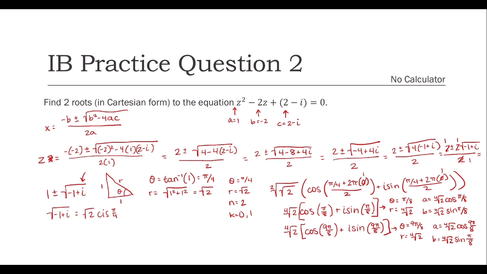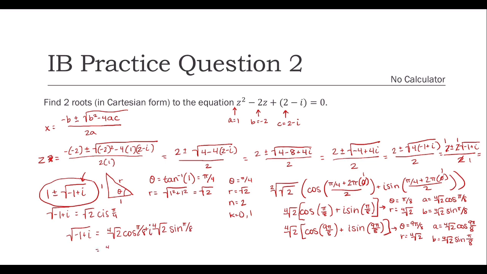So to get our roots, we'll go back to our 1 plus or minus the square root of negative 1 plus i. The square root of negative 1 plus i equals the fourth root of 2 times the cosine of pi over 8 plus the fourth root of 2 times the sine of pi over 8 times i here.